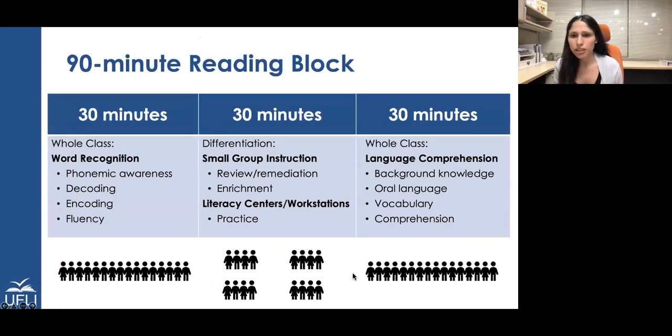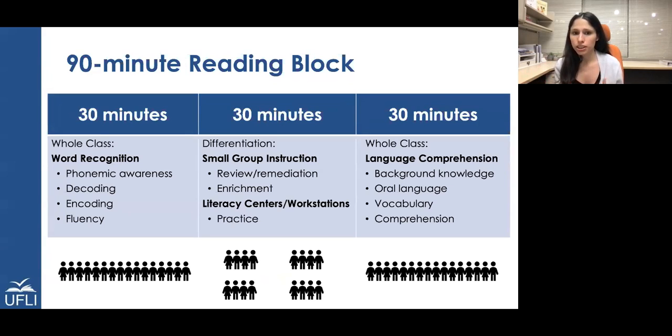And then I wanted to share this visual that helps us break down a 90-minute reading block and what we may include. As you can see, it's broken down into 30, 30, 30, and we know no classroom or reading block is ever perfect, and you're never going to spend exactly 30 minutes on each. But the overall idea is that you would be focusing on word recognition for about 30 minutes, and then another 30 minutes on that language comprehension part of your instruction.